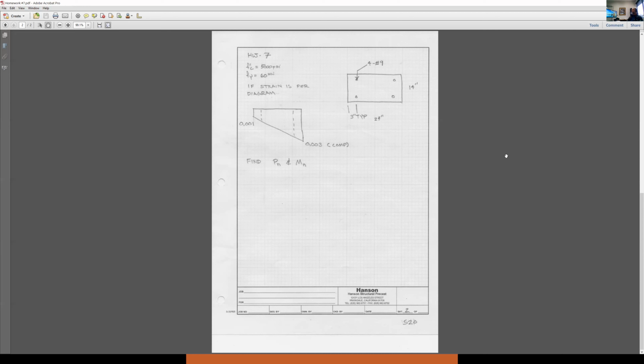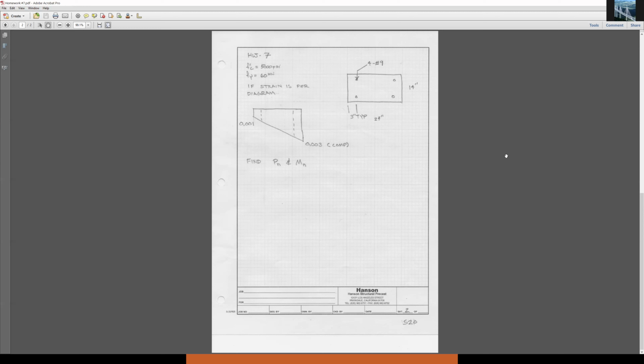When we went through the examples, I did the example of doing the interaction equation, and we did 5 points. This homework assignment is just asking you to do one specific point, instead of 5 points.